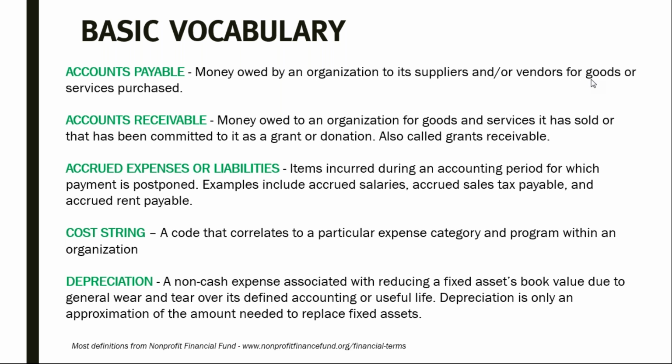This could include accrued salaries or tax or accrued rent, but it could also be for other types of materials that may be on loan, where a payment is coming down the road. This is an important term to understand, because it can really impact your budget if you have money on the books that you owe, but you haven't paid in a particular cycle. It's really important to remain mindful of those expenses that are going to come in a future cycle.